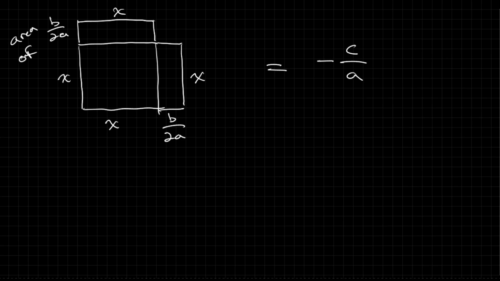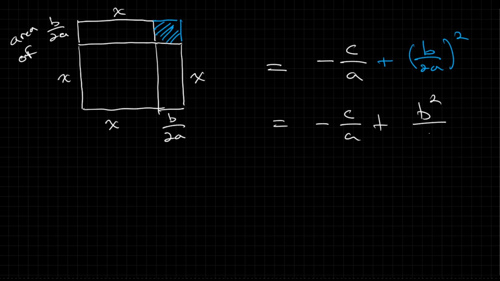Let's go ahead and complete our square on the left-hand side and add whatever area the square has to both sides. So the area of that square is b over 2a all squared, which is b squared over 4a squared.